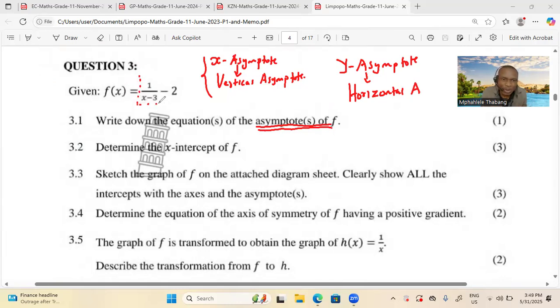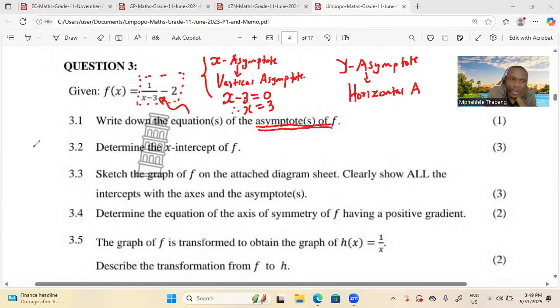So what is the denominator? When you look at this f of x, the part underneath is x minus 3. x minus 3 is your denominator. So you take x minus 3, you equate it to 0, therefore x equals 3. So this is the x asymptote. And what is the y asymptote?